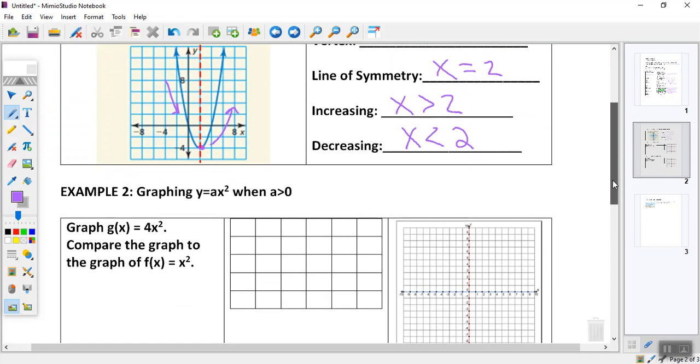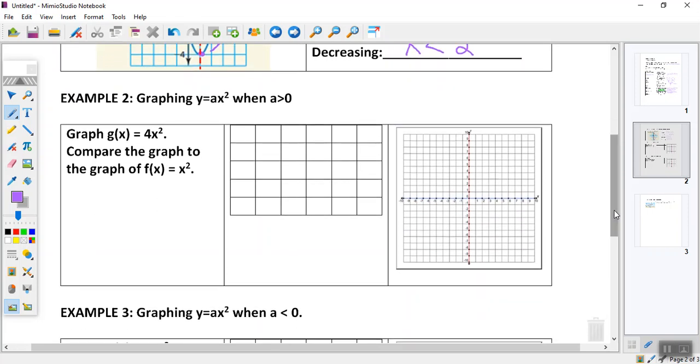All right. Example 2 and example 3 are kind of the focal point for this right here. So here's what I want you to do. I want you to make a table like this. And let's go x, and let's go g of x here.